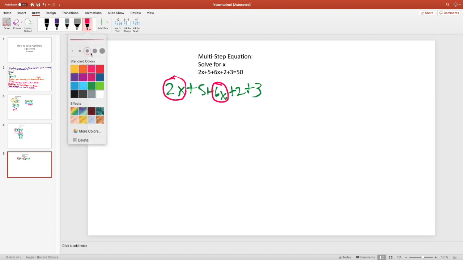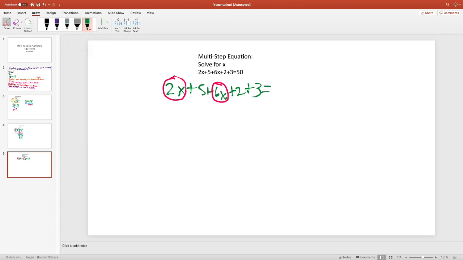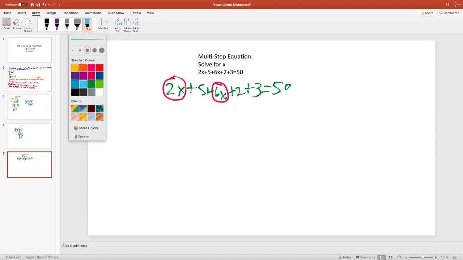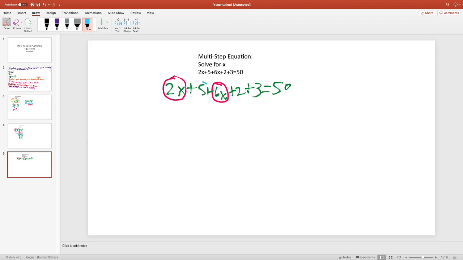Oh, I didn't finish the equation. It equals 50. And then the constants, let's do in light blue. So we're going to take 5, 2, and 3. Now we have to combine these terms.